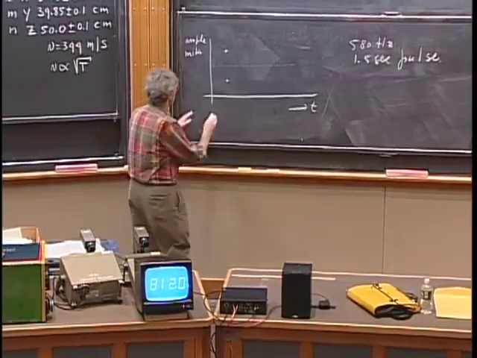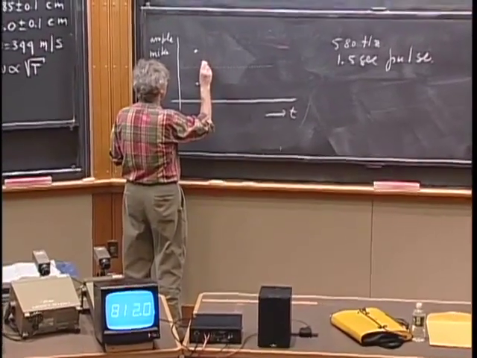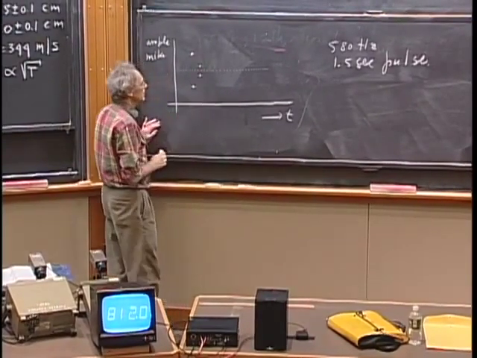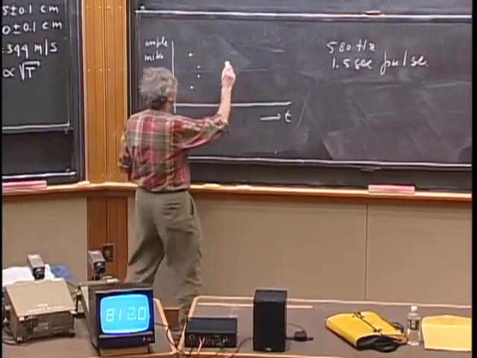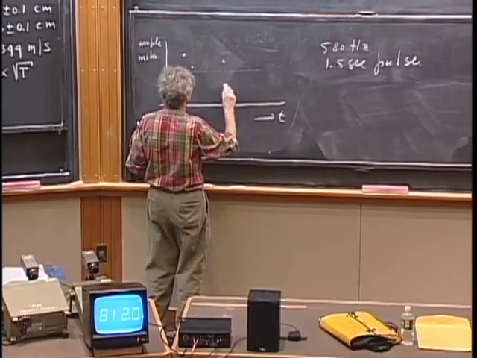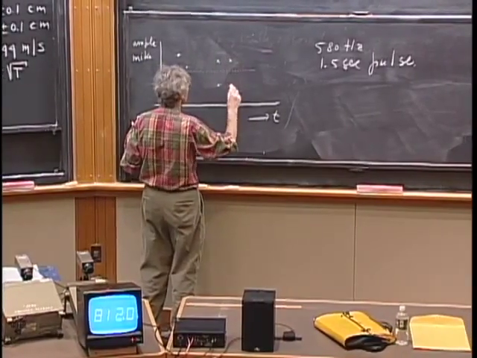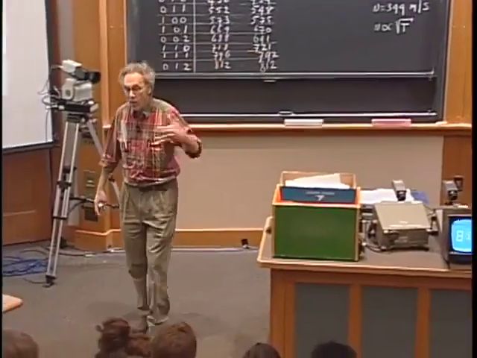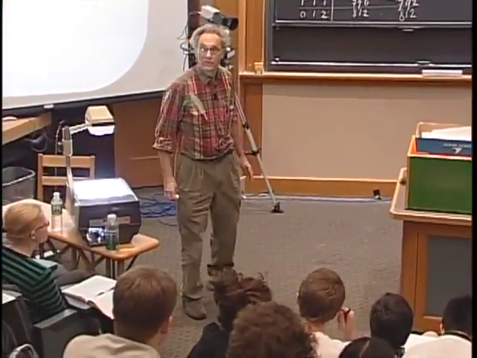A little later, it may be that the amplitude of the microphone is lower here and therefore lower here too. And then ultimately, given enough time, this one and this one will no longer change because this is now the steady state solution. So now we have the amplitude of the steady state solution, but in the beginning, you will see the interference of the transient with the steady state solution.